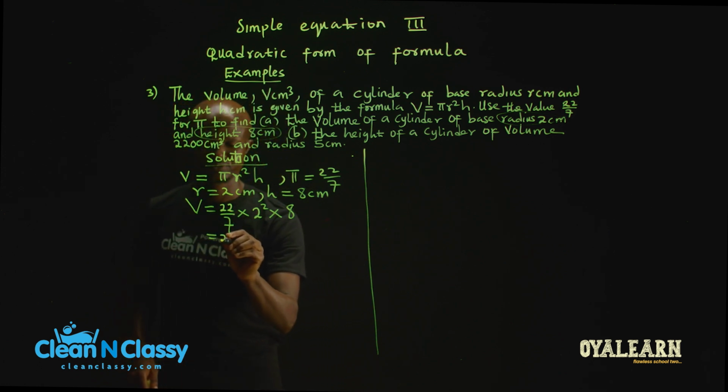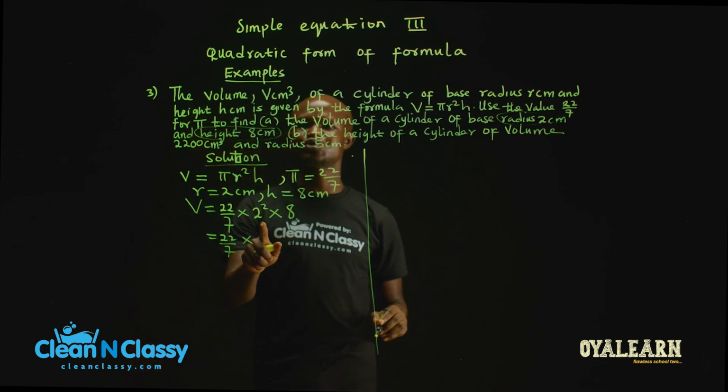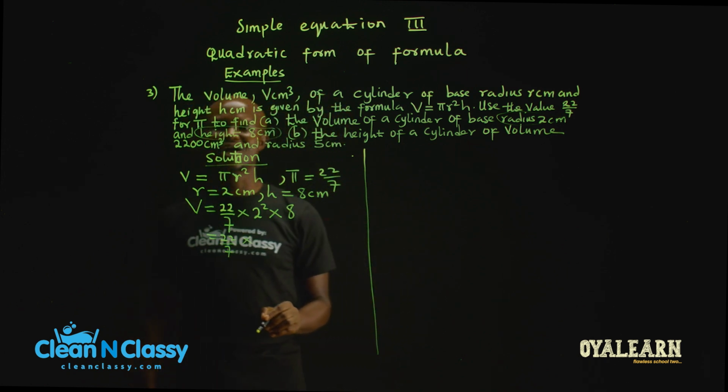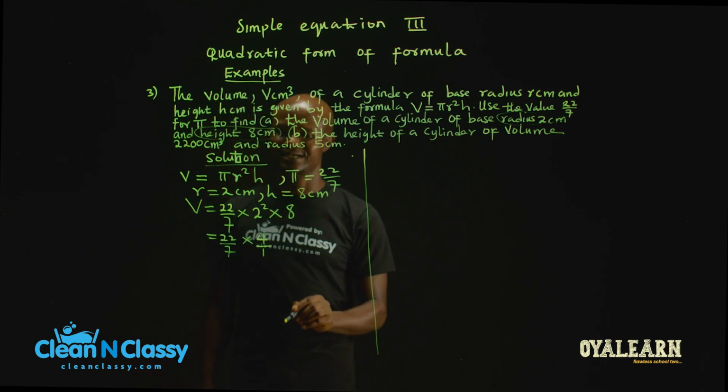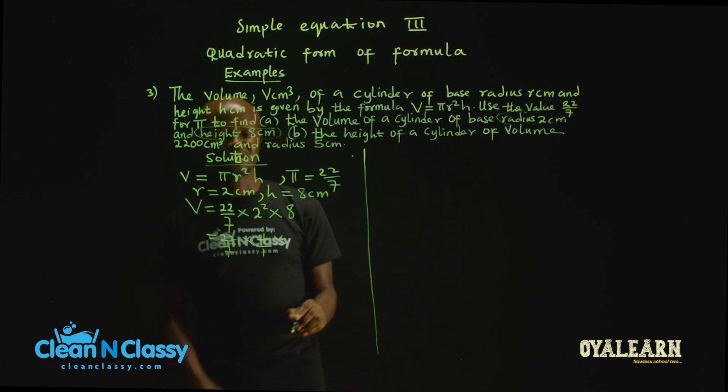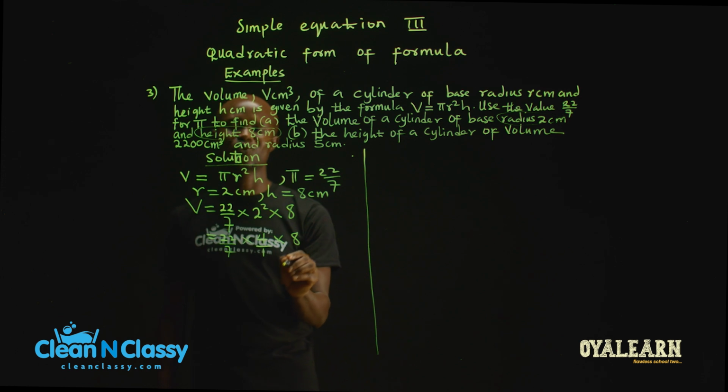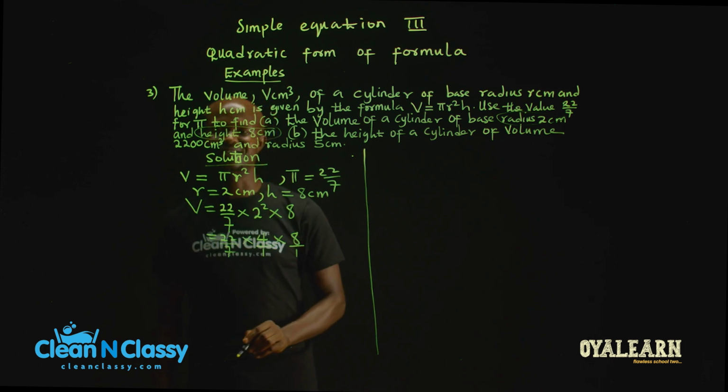22 divided by 7 times 2 squared. 2 squared is 2 times 2, that is 4. So we can write this as 4 divided by 1, then times 8, which we can also write as 8/1.